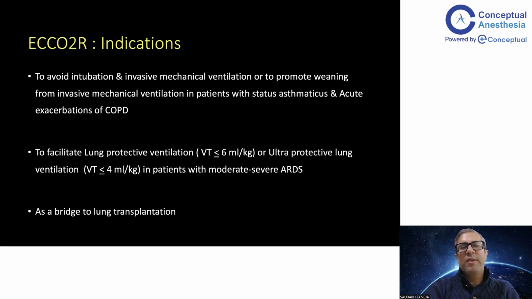So we do allow the CO2 levels to go high, which is called permissive hypercapnia, provided the pH does not drop below 7.1 or 7.2. When we allow permissive hypercapnia, especially in patients with ultra low protective ventilation, that is less than 4 ml per kg, there is hypercapnic acidosis. So this is another subset of patients with moderate to severe ARDS, in whom you allow the CO2 to rise higher. You have to remove the carbon dioxide through extracorporeal CO2 removal.